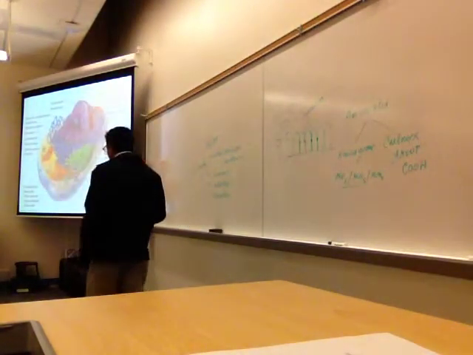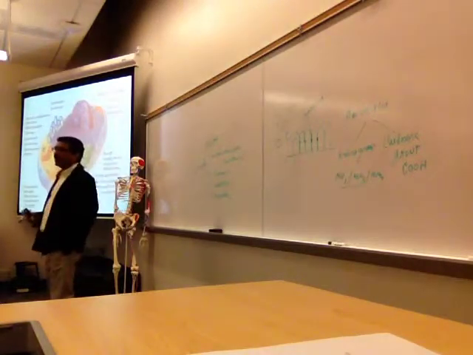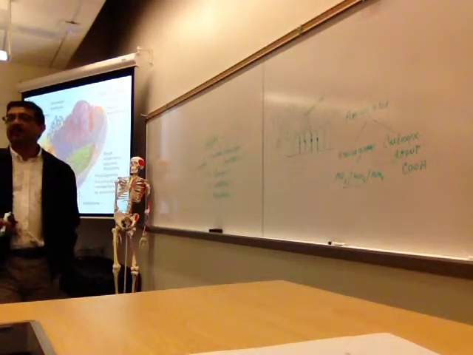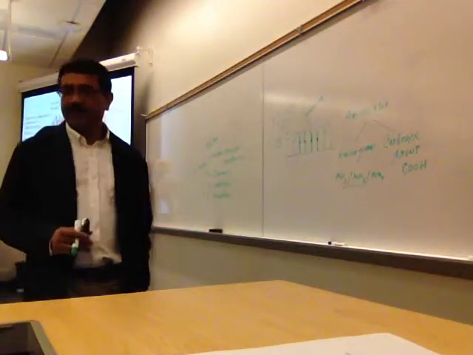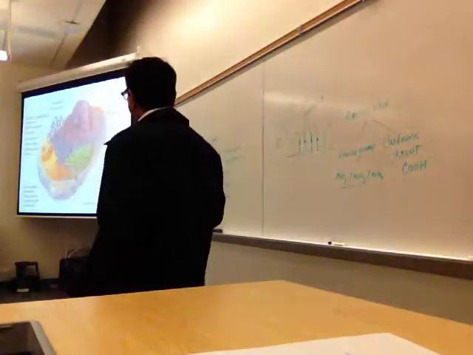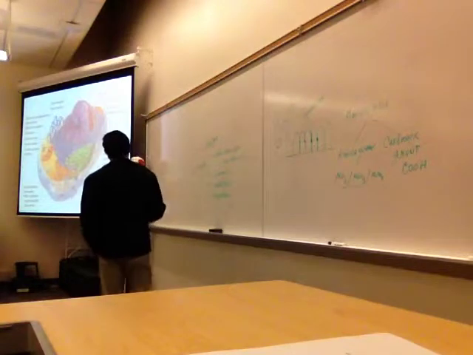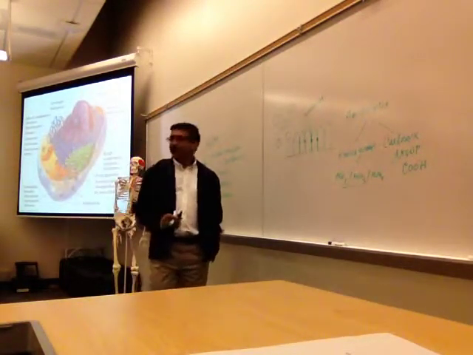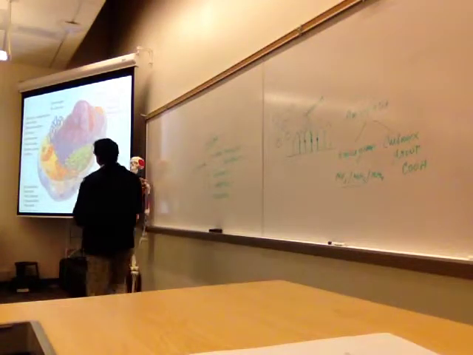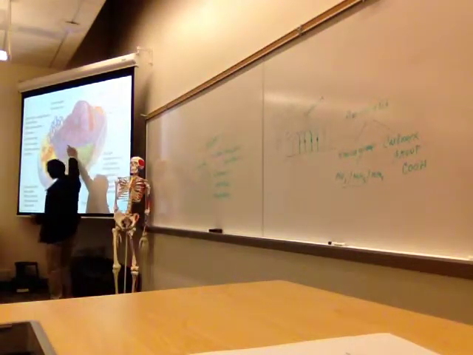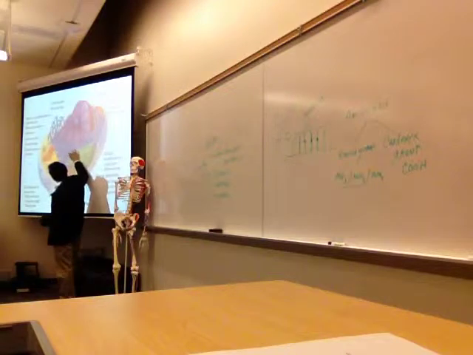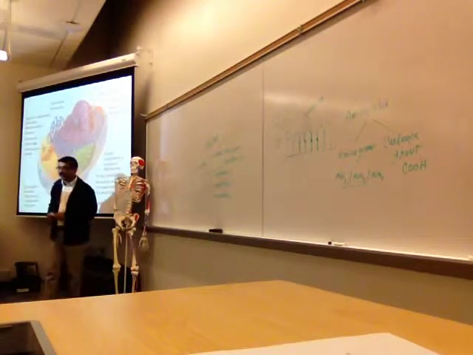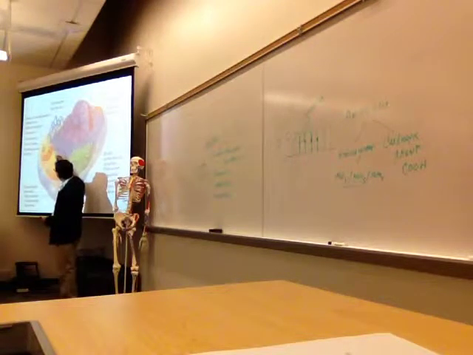Now, endoplasmic reticulum has 2 parts: rough endoplasmic reticulum and smooth endoplasmic reticulum. Why is one part called the rough, another part called the smooth? Because of ribosomes. If you see this part, this is the rough endoplasmic reticulum, because the surface is rough.